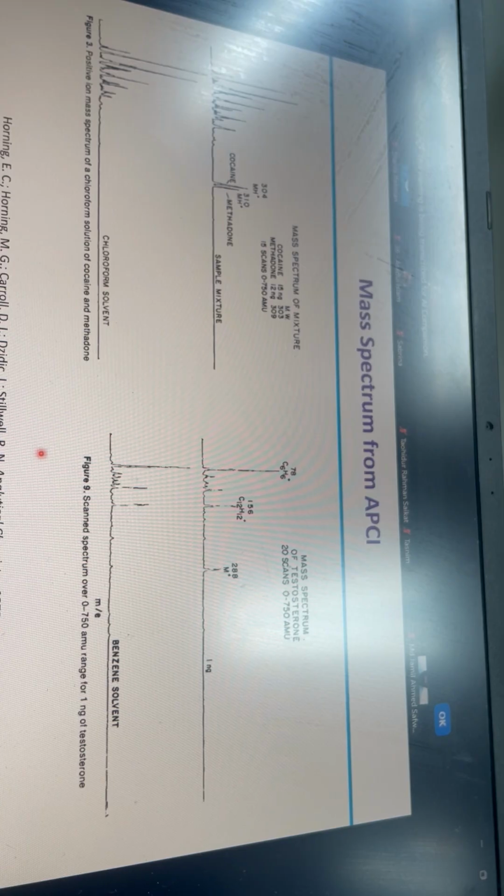It took about 50 years to develop another technique like atmospheric pressure chemical ionization. They used a chromophore solvent, and that way they measured the mass of cocaine and methadone. This is testosterone, the hormone. So they used this technique.